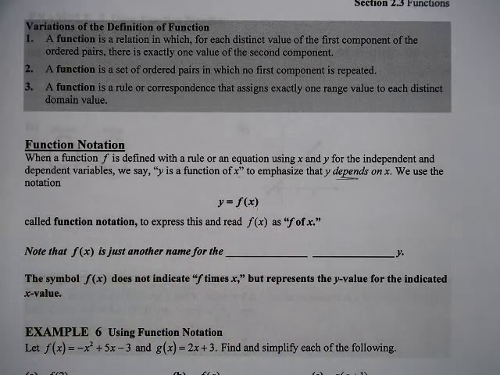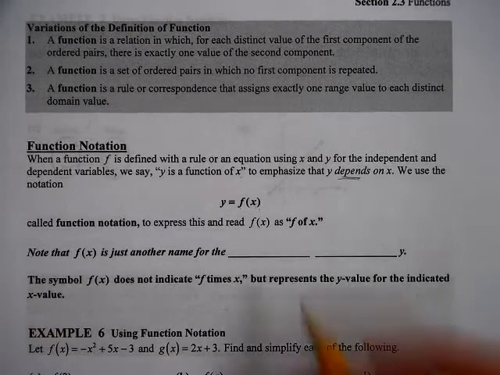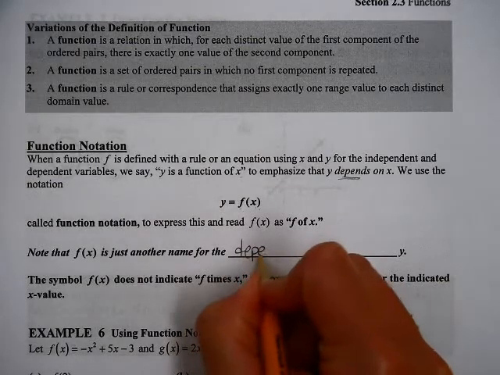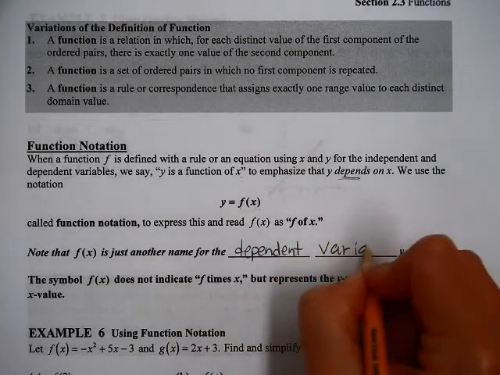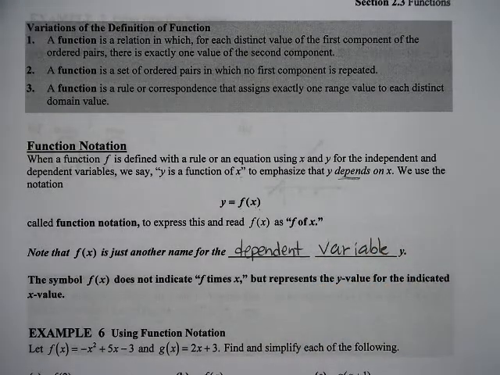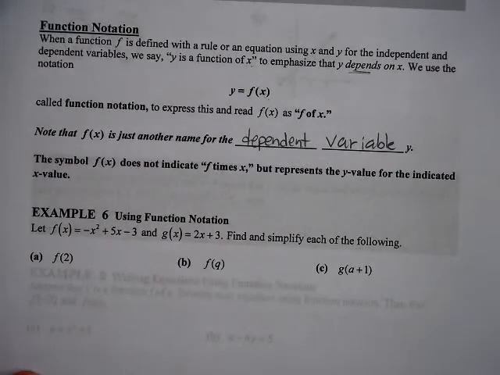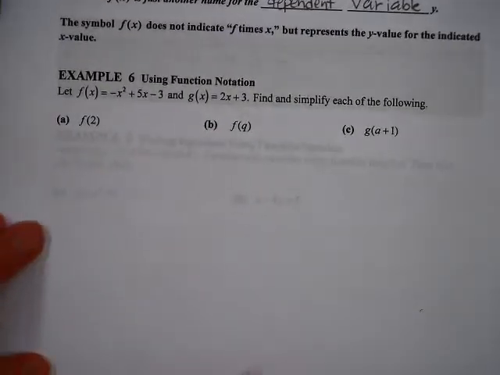This is not f times x, this is f of x. So note that f of x is just another name for the dependent variable y. The symbol f of x does not indicate f times x, but represents the y value for the indicated x value.